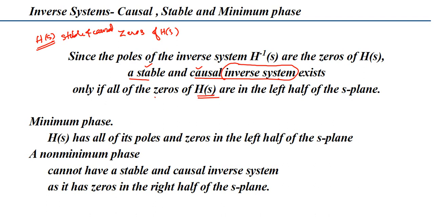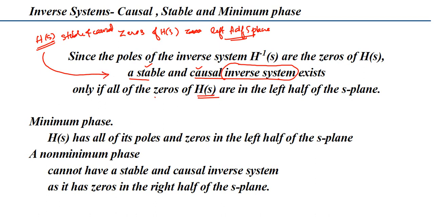If all zeros of H of s lie in the left half of the s plane, then we can say that the inverse system exists and the inverse system will be causal and stable.